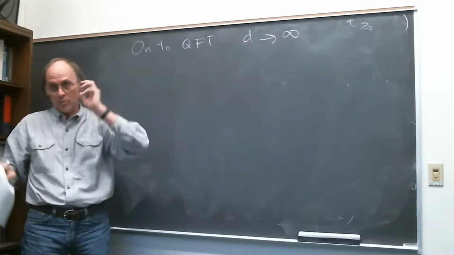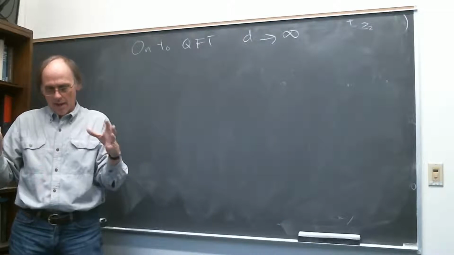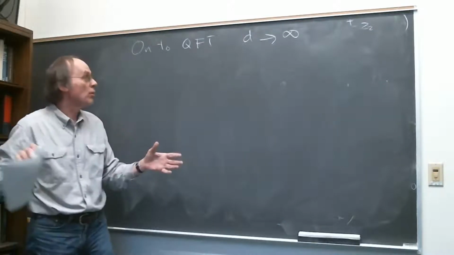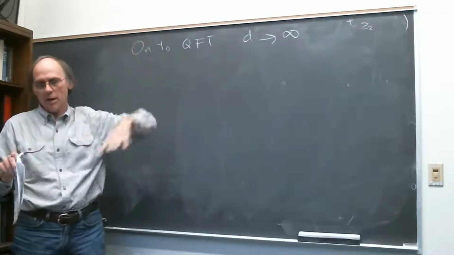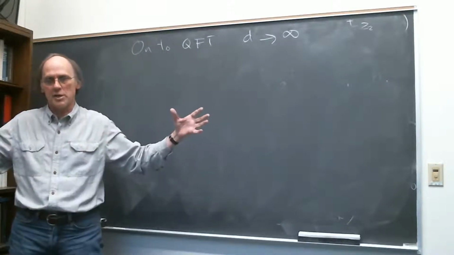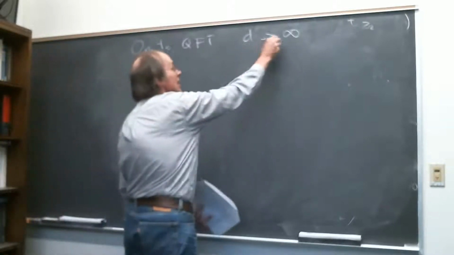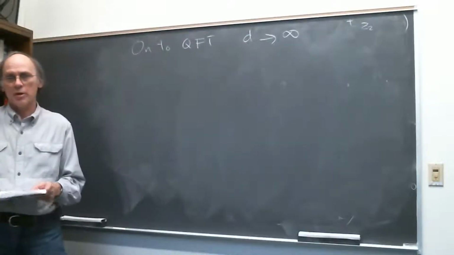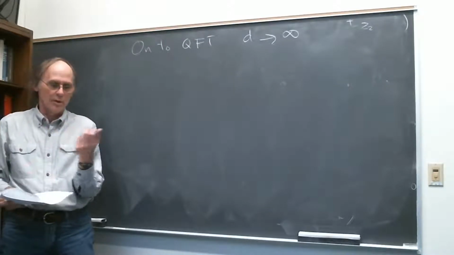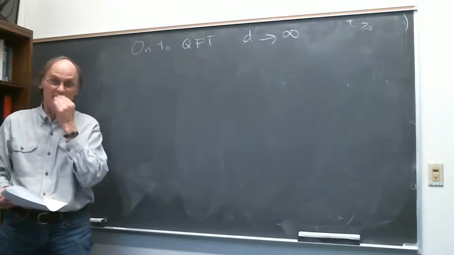If you want, as I said, you can put in lots of cutoffs, and then you can think of this quantum field theory as an example of this whole harmonic oscillator formalism, but for D some very large number. But ultimately you're interested in what happens as you take the number of degrees of freedom going to infinity, or as you take the possible number of x values or the possible number of p values up to infinity.